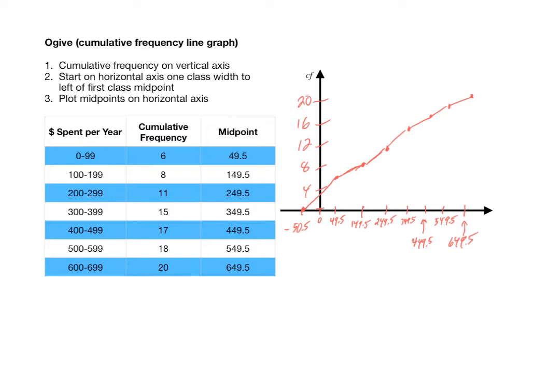So ultimately what that means is ogives never decrease. They can either increase or flatten out, but they cannot decrease. So that makes sense then that you cannot bring this down to the horizontal axis to the right.